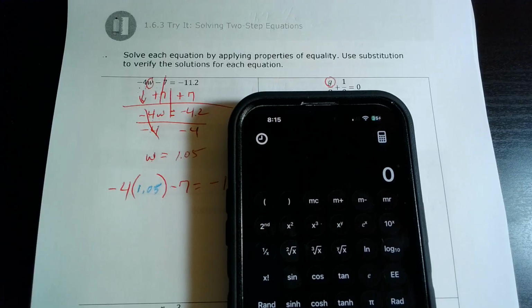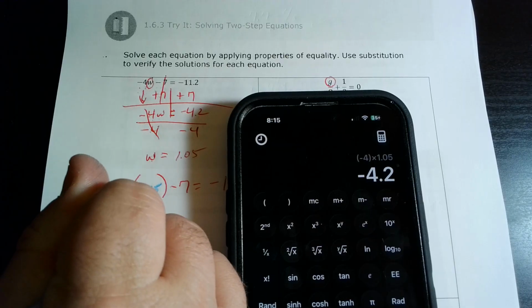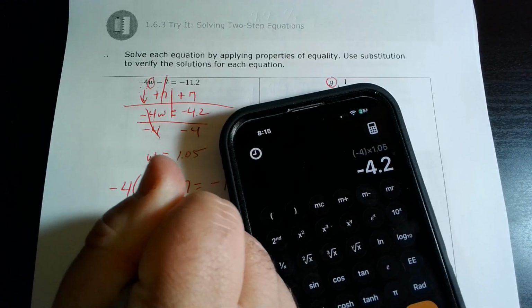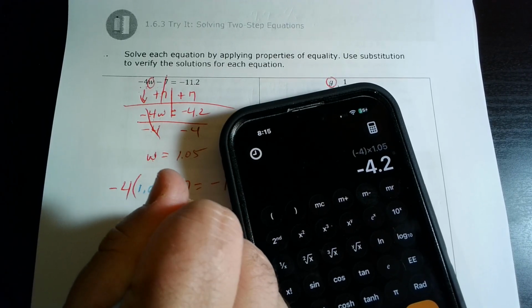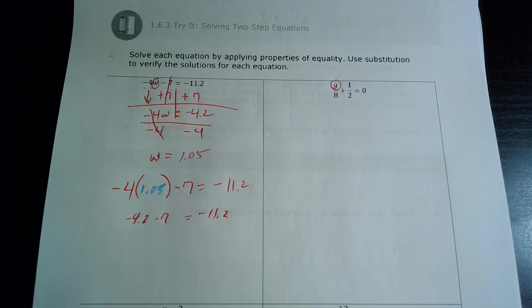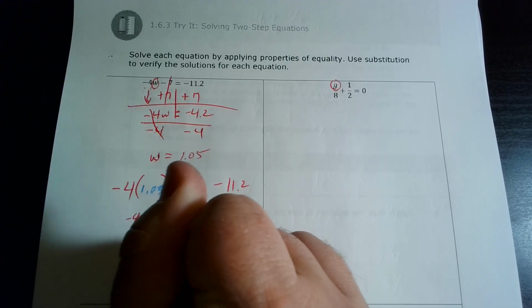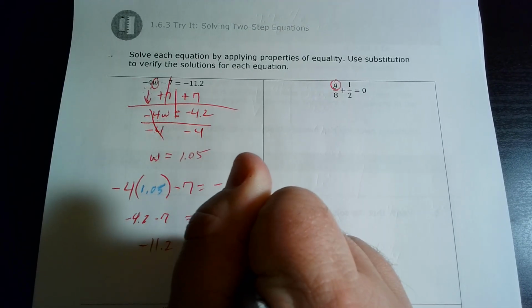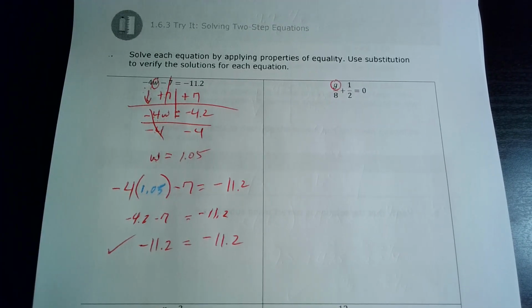So we're going to multiply our negative 4 times 1.05. We got negative 4.2 minus 7. So now we're going to subtract 7 from that, and we got negative 11.2. The other side is negative 11.2, so that checks out. We're good to go.